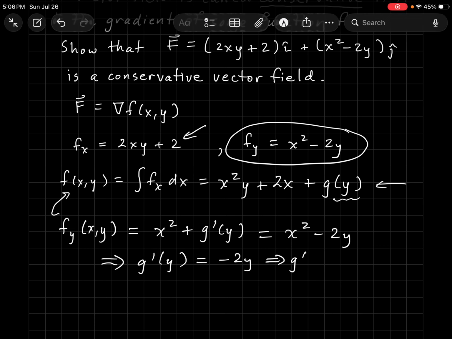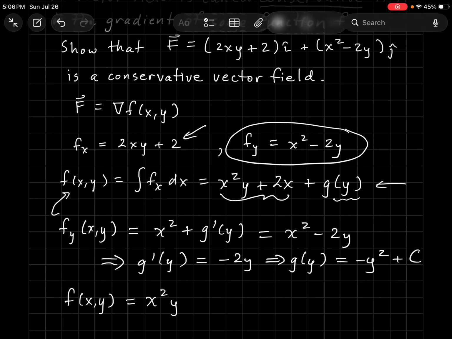Which tells me that g of y must be negative y squared plus some constant. Putting these ideas together, we get our original function f of xy is this, x squared y plus 2x minus y squared plus c. And if you go ahead and take the partials of this, you'll see that you get where we started.